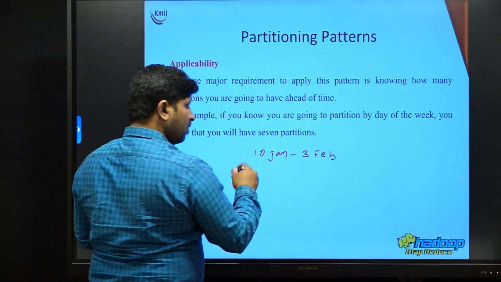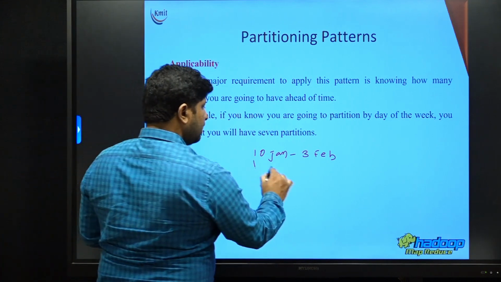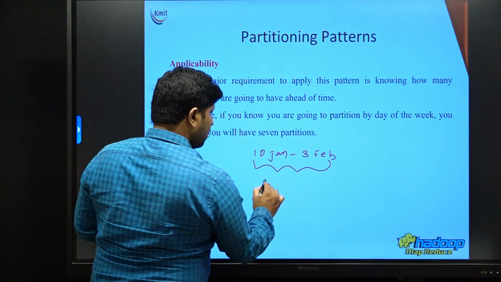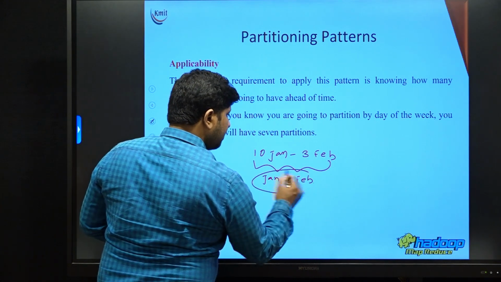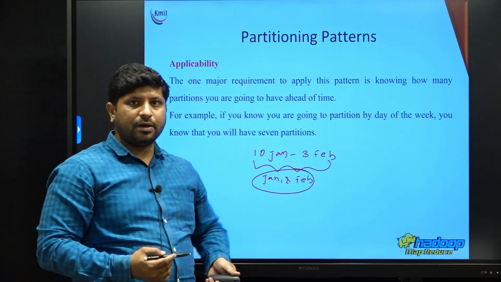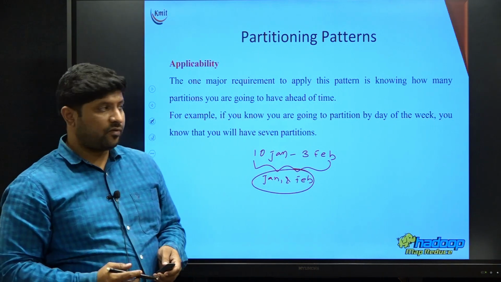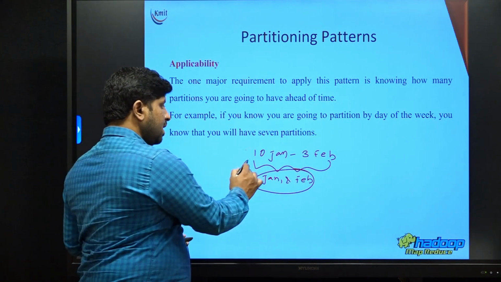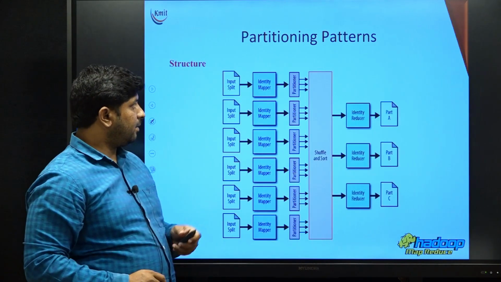Then instead of dealing with the entire data set, I can deal with only the data which falls under Jan and Feb. This means I am reducing the overhead generated on the network side, as well as improving performance. This is one of the best scenarios where you can go with the partitioning pattern.